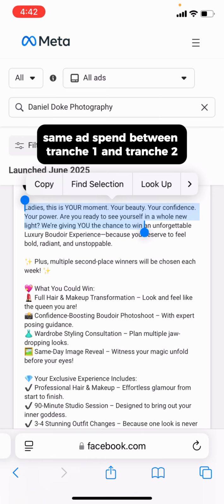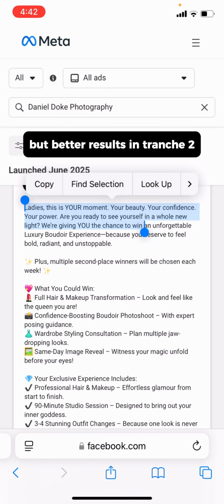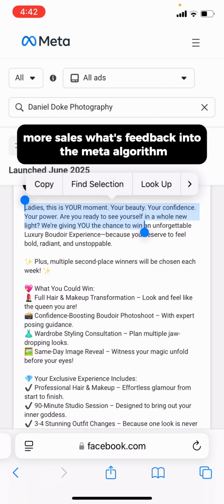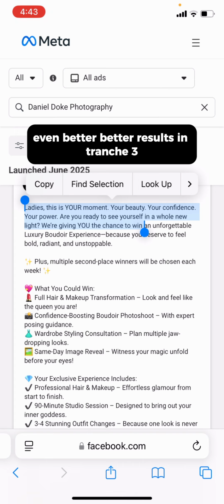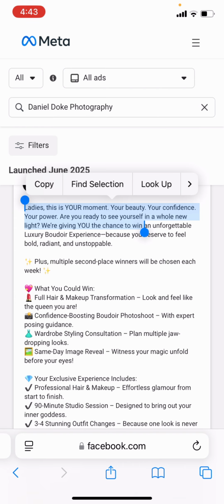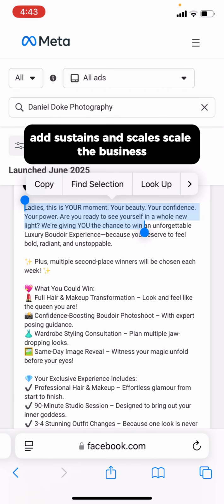Same ad spend between tranche 1 and tranche 2, but better results in tranche 2, more sales. That feeds back into the meta algorithm again, same ad spend, even better results in tranche 3. The ad sustains and scales, and we scale the business.